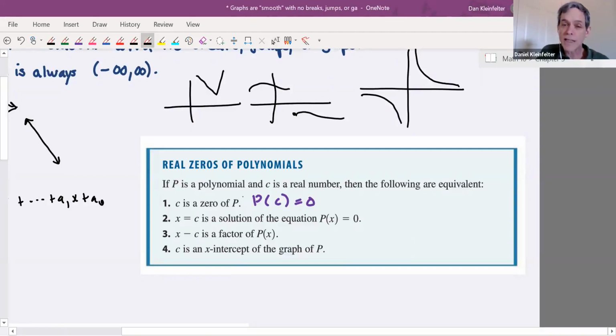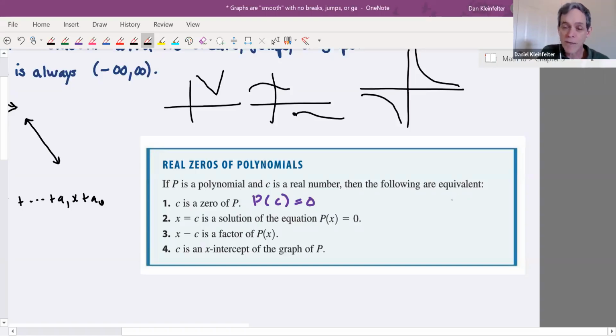So throughout this section we'll often be referring to a polynomial p instead of a function f of x, but you can think of it as basically the same thing. So I could have just as well said f of x here, but they're saying p for polynomial.